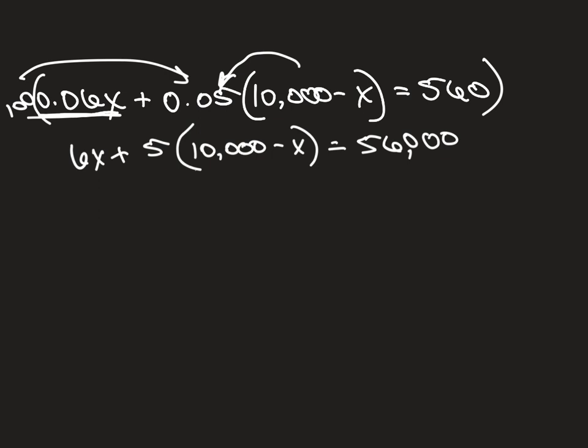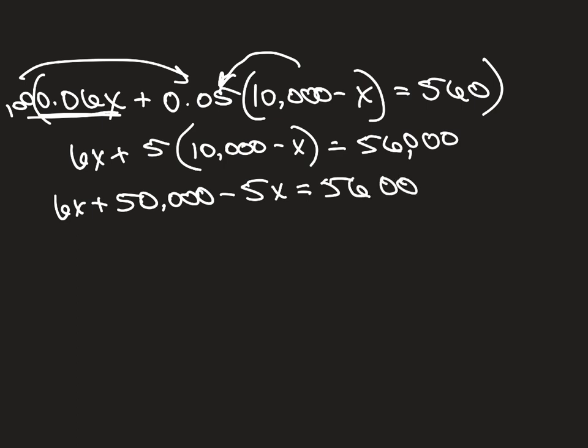And then I can just go ahead and multiply out without having to worry about decimals, and I don't have to ever worry about them again. They're gone. They don't have to be added later. All right, so this minus this is just an x, or 1x, plus 50,000 equals 56,000.